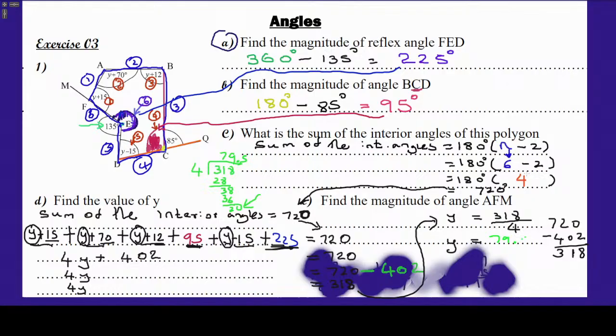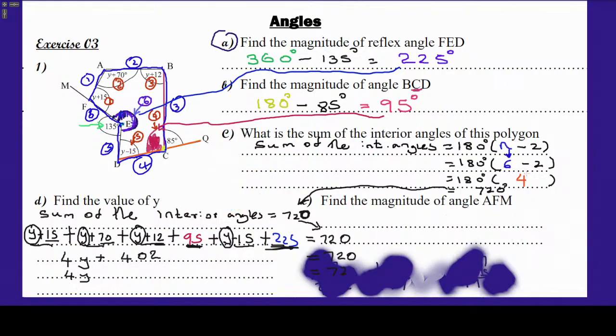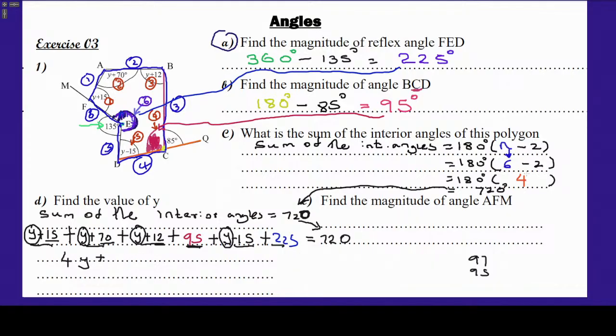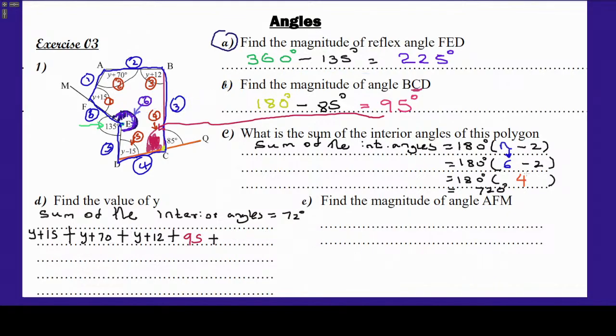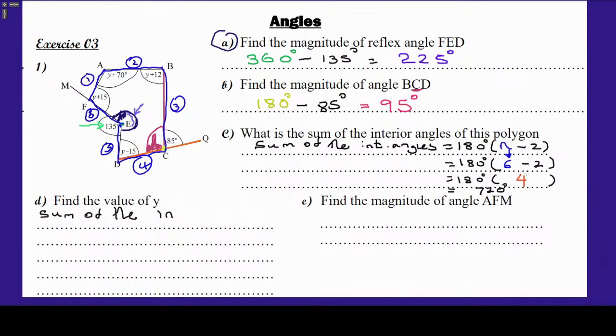So I'll erase the workings. So y is equal to 79.5. That's what we found out after the workings.